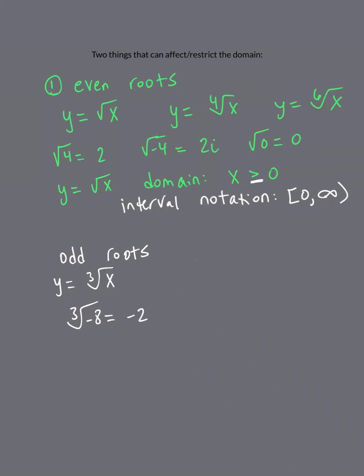You can also take the cube root of 0, and that's 0. You can also take the cube root of a positive number, like 8, and that's 2. And so when you have y equals the cube root of x, your domain would still be all real numbers, or negative infinity to infinity. And this applies to any odd number in the index, which is in this spot right here.